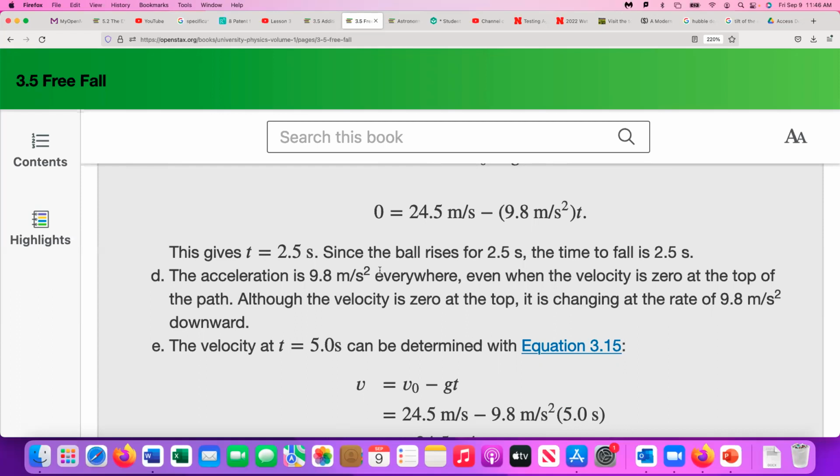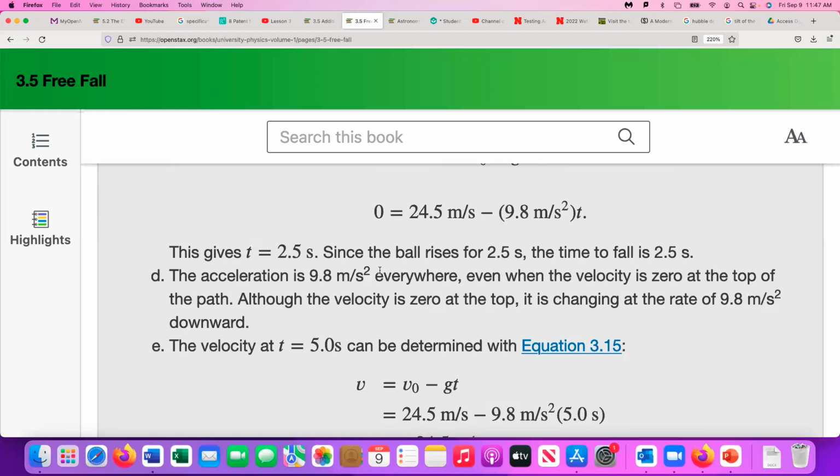Anything that changes direction has to come to a stop in that direction before it turns around and goes the other direction. So it's the velocity that goes to 0 at the top of the motion. The acceleration is still negative 9.8. It's negative 9.8 the whole time, whether it's moving one direction or the other direction or stopped. The acceleration is always the same.